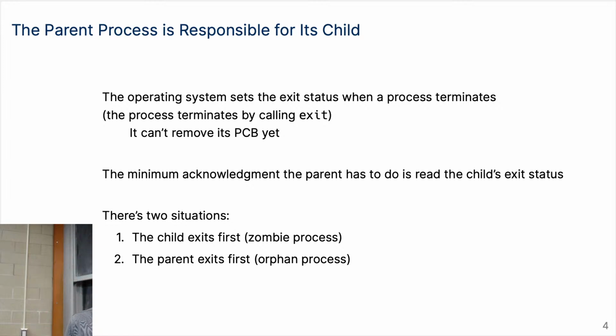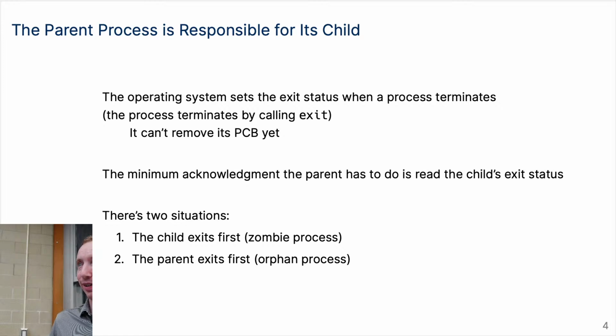But there's two situations in which the terminology gets really weird. If the child exits first, which is what happens normally, it doesn't just disappear. It keeps that process control block around in memory because it needs to read that exit status. But that process is now called exited, so it can't execute anymore. So it has both the properties of being kind of alive and dead, hence the term zombie.